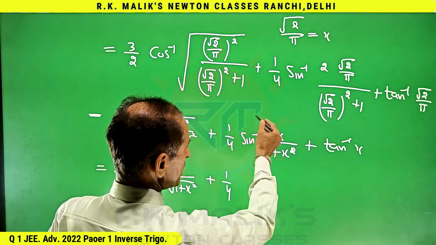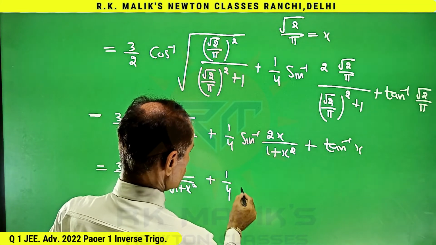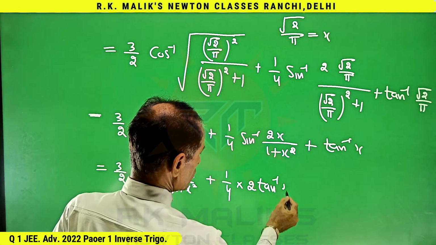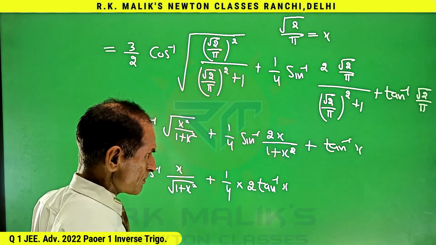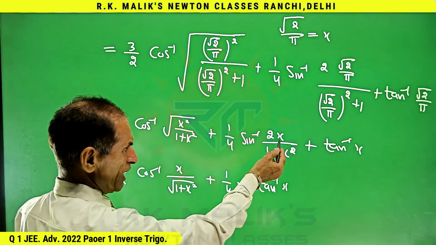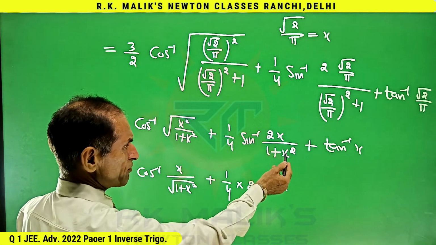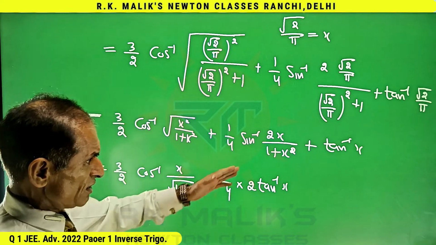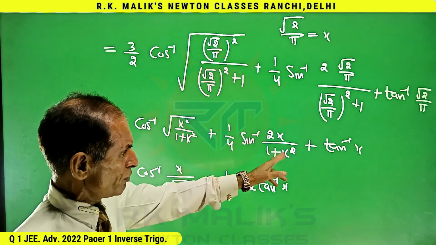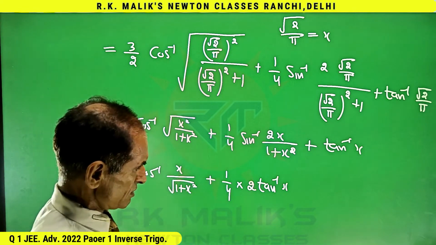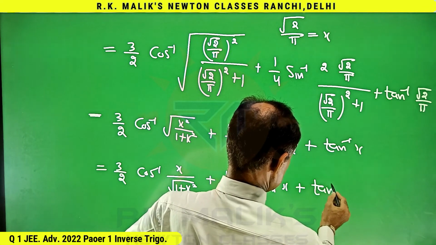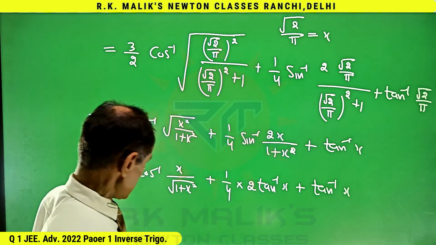You must be knowing that this formula is applicable only when x lies between -1 and 1. And here x is lying between 0 and 1, therefore I can write it. Plus tan inverse x.